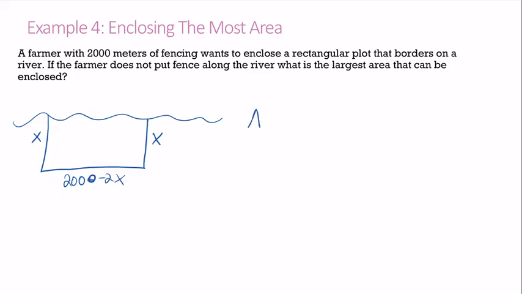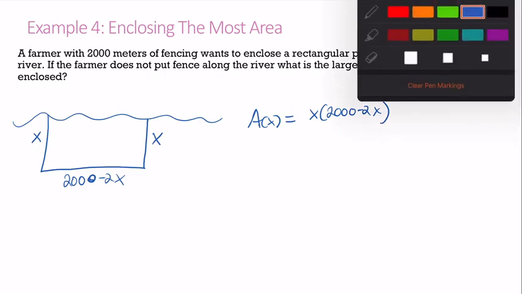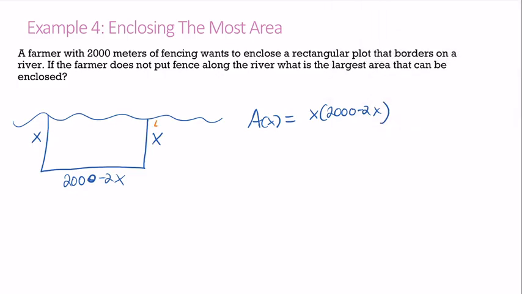So my area in terms of x is going to be x times 2,000 minus 2x, because if I want to find the area of a rectangle, I take my length times my width. That gives me A of x is 2000x minus 2x squared.